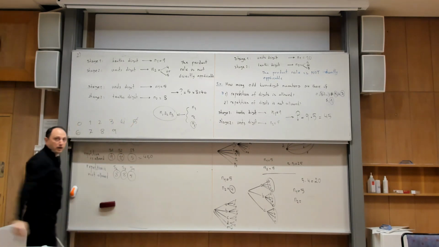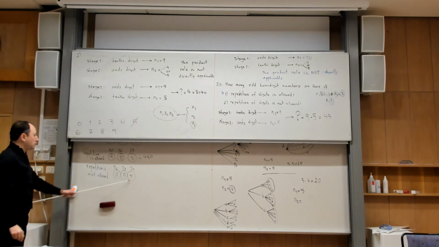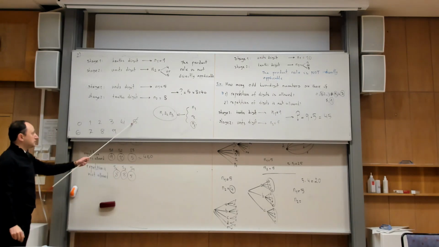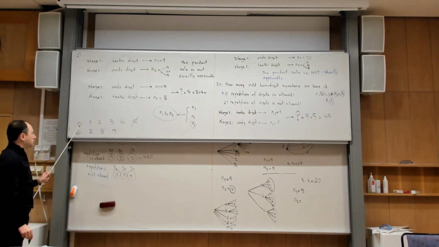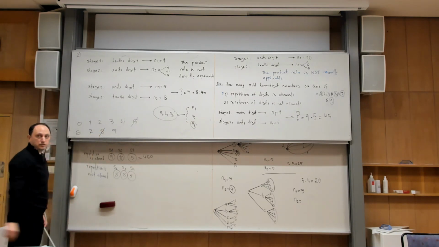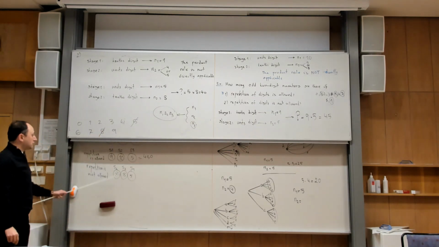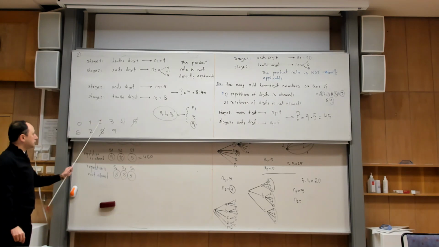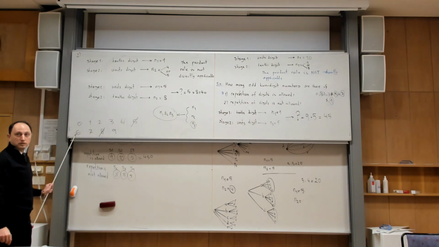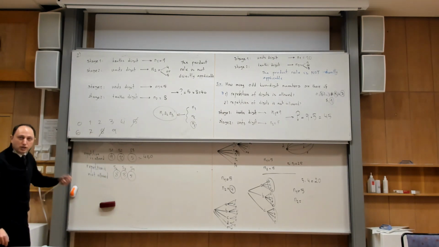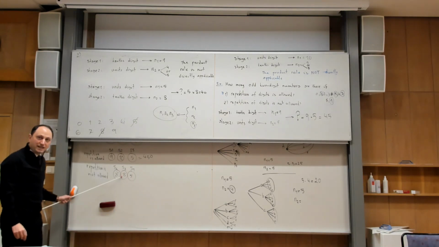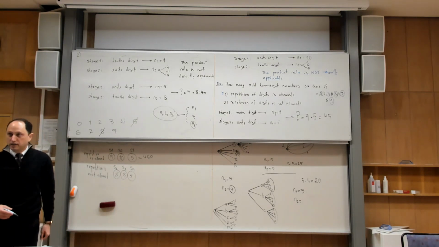For example, 5. And then when I go to stage number 2, I am not allowed to choose 5. I am not allowed to choose 0, but any other number I can choose. For example, I have chosen 8. So how many options are available here? 1, 2, 3, 4, 5, 6, 7, 8. So this 8 is certain. So you need to convince yourself this is really independent of all possibilities.